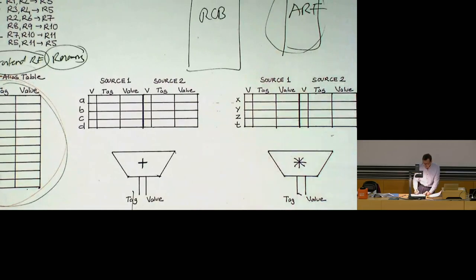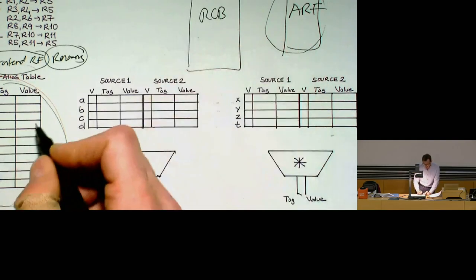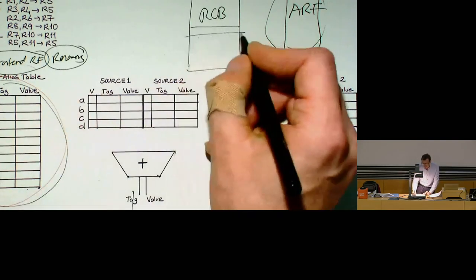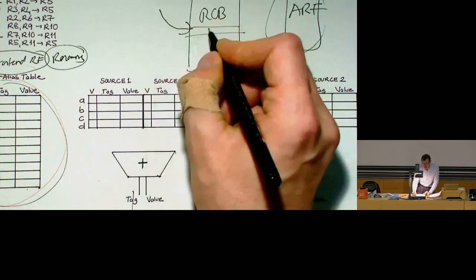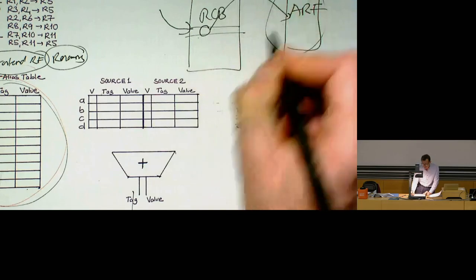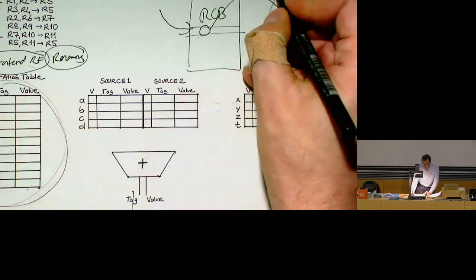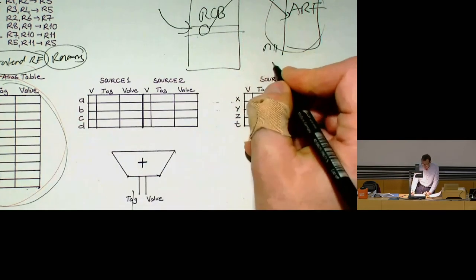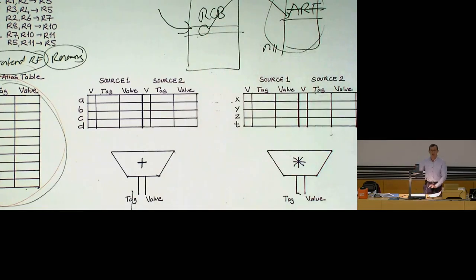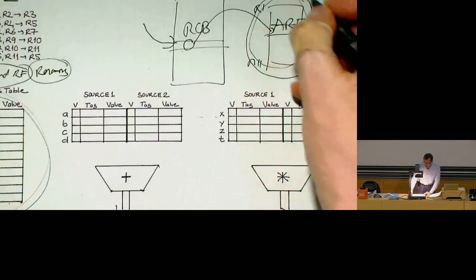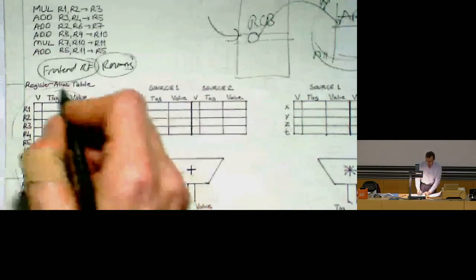And when an instruction finishes, it writes its value over here and also to the reorder buffer. And when the instruction becomes the oldest in the machine, you take the value and update the architectural register file. So the architectural register file is again R1 through R11 over here, but you update it when the instruction actually finishes in sequential order. Now the correct programmer-visible state is over here. This is completely microarchitectural.